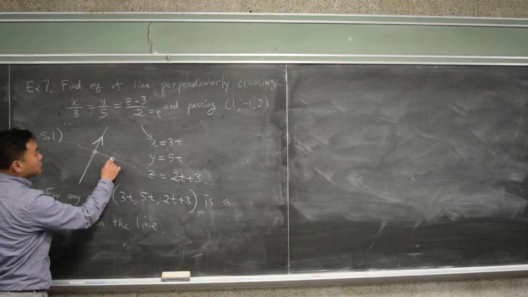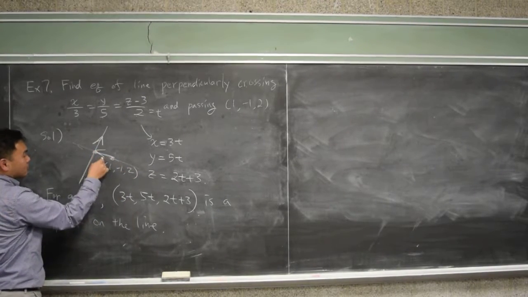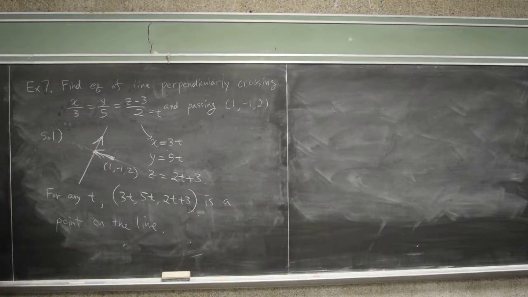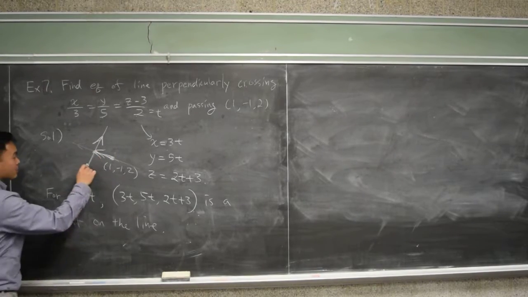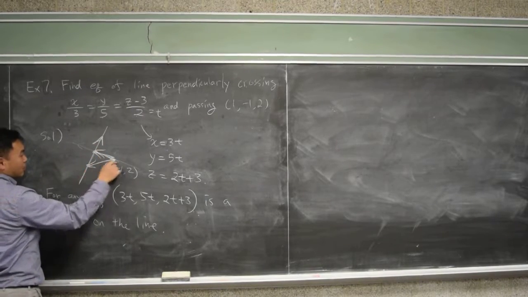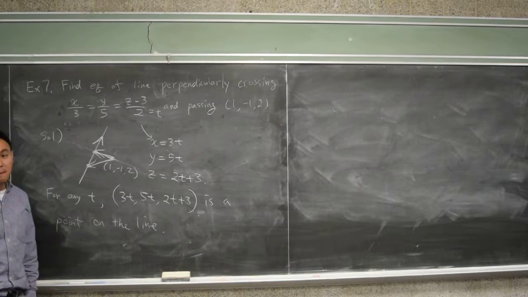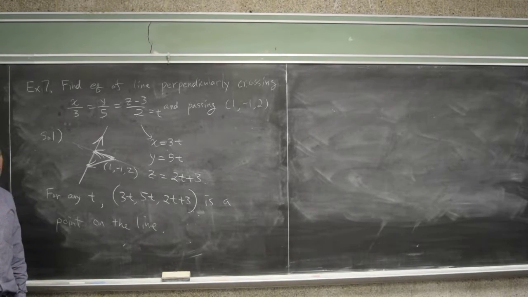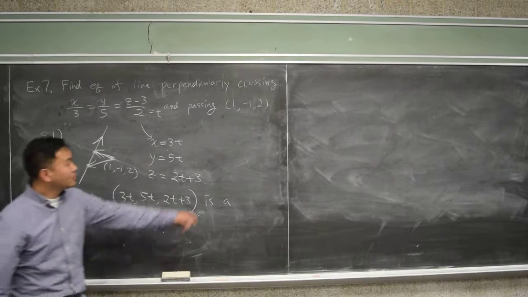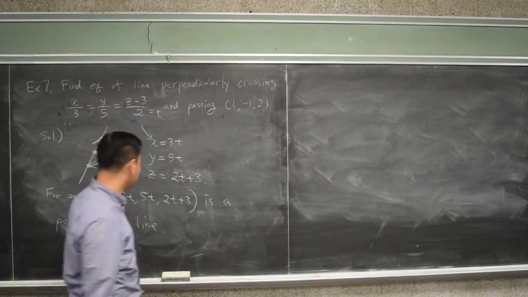Now, this point is 1, negative 1, 2. How would you find this vector, or any vector? This is some arbitrary point on the line. Here's a point, there's another point. How do you find the vector between them? Subtract, right?